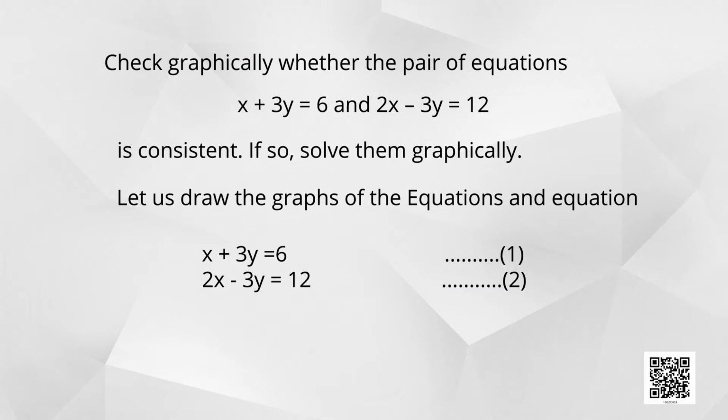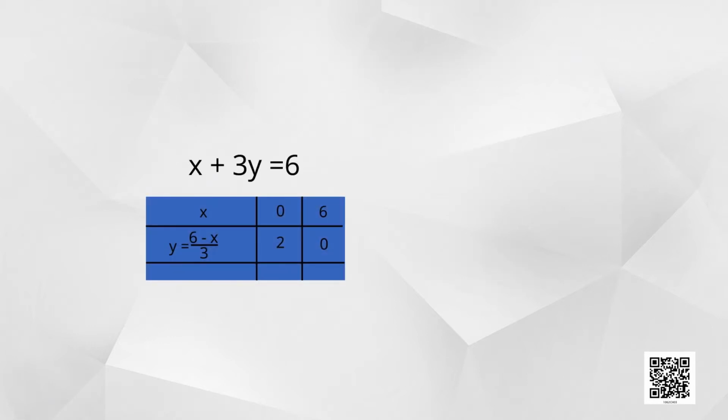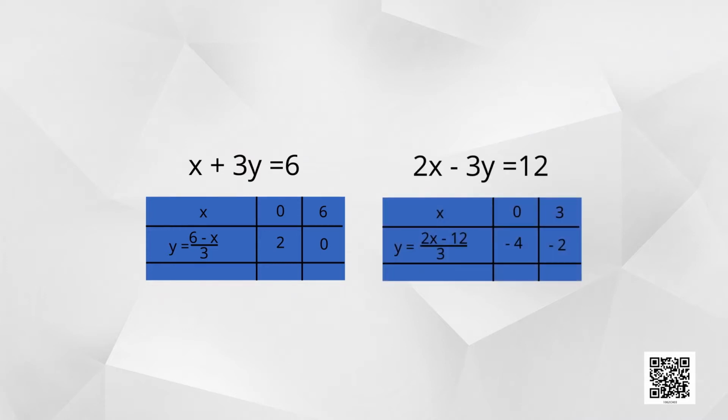Let us find the solutions for equation number 1. x = 0 and y = 2 is one solution, and x = 6 and y = 0 is the second solution for equation number 1. Now let us find the solutions for equation number 2. x = 0 and y = -4, and x = 3 and y = -2. These are the solutions for equation number 2.